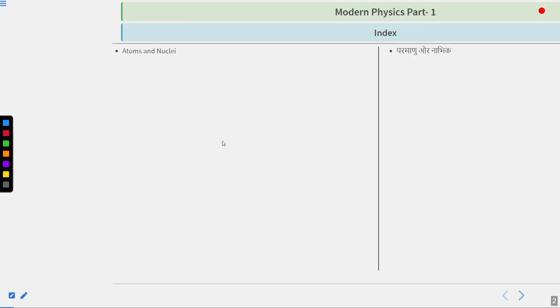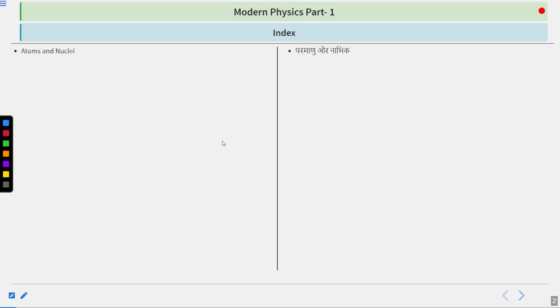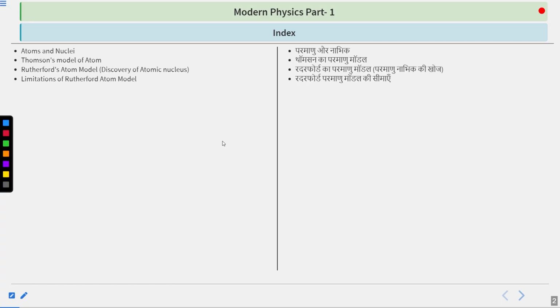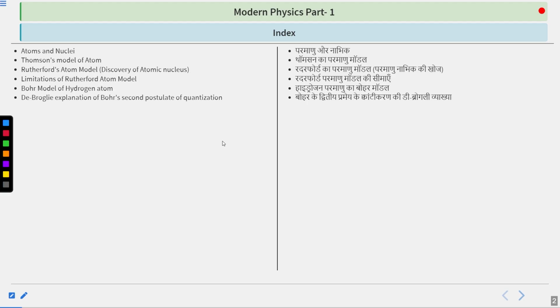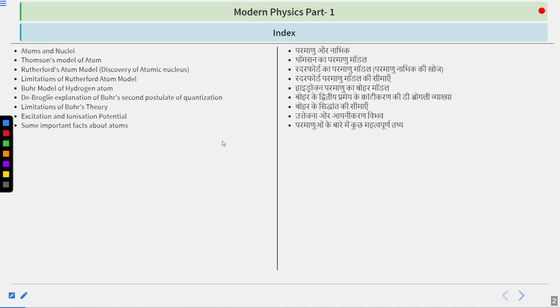In this lecture, we will talk about the atoms and nuclei, Thomson model of atom, Rutherford's atom model, discovery of atomic nucleus, limitations of Rutherford atom model, Bohr model of hydrogen atom, De-Broglie explanation of Bohr's second postulate of quantization, limitations of Bohr's theory, excitation and ionization potential, some important facts about atoms, nuclear forces, nature of nuclear force.